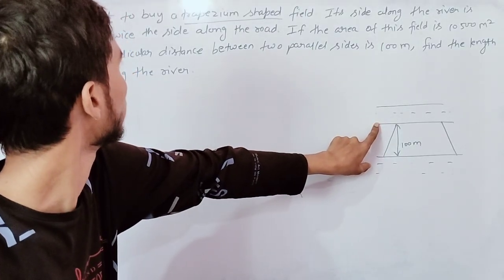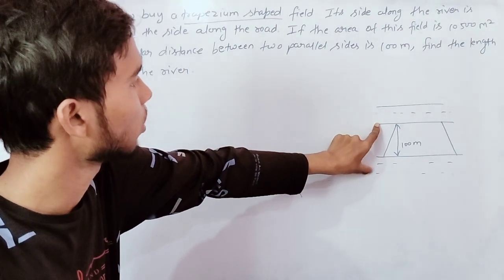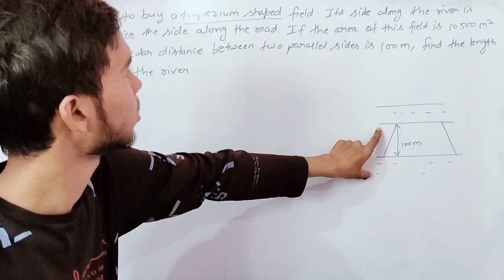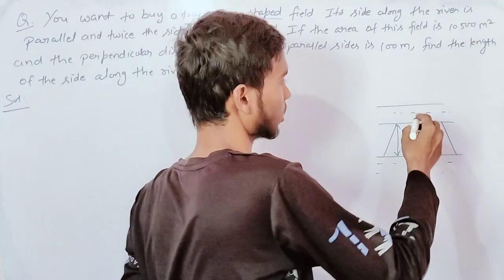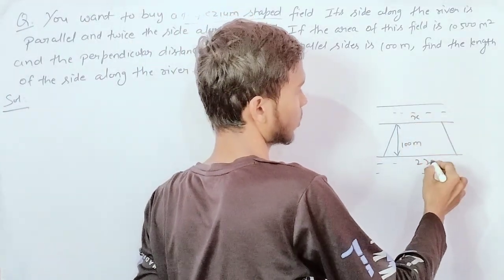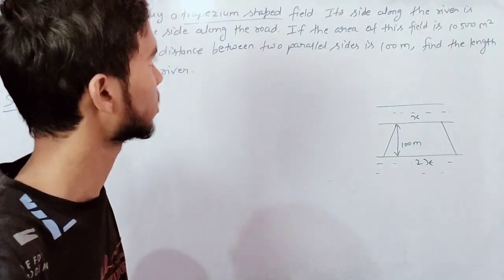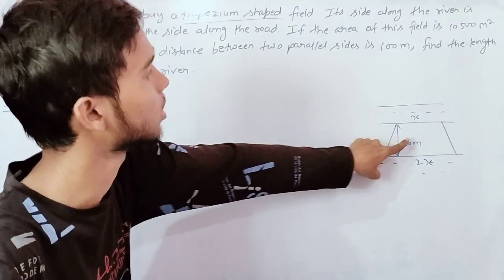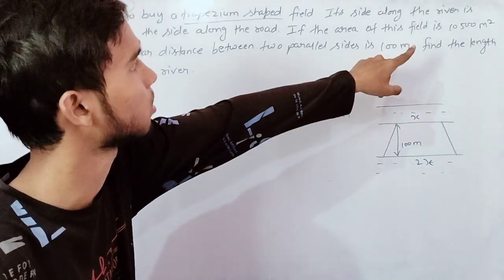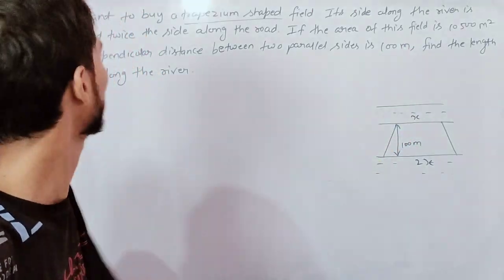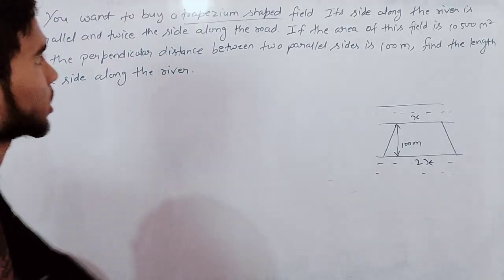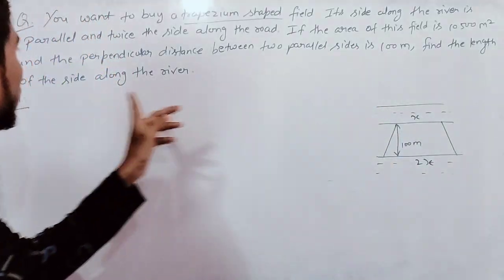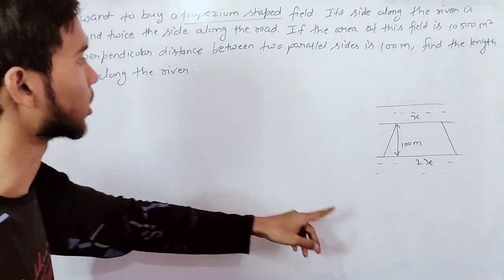Twice this side along the road. If I take this to be x, then this will be 2x, isn't it? If the area of this field is 10,500 meter square, and the perpendicular distance between the two parallel sides is 100 meter, find the length of the side along the river.